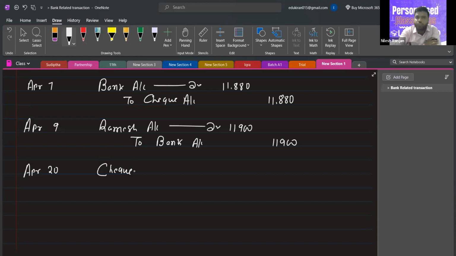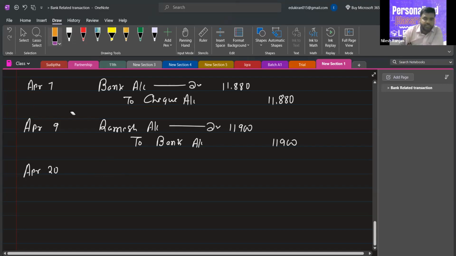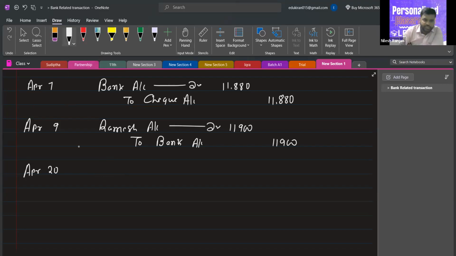So we have to assume the deposit date. So we are taking the check received date as the depositing date. So it will be bank account debit to Ramesh account.